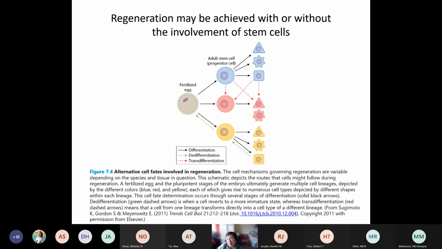That's also called transdifferentiation. So these are cells that hold parallel positions in terms of differentiation. Now one changed to the other. It's called transdifferentiation. Okay, so the transdifferentiation apparently is a kind of regeneration, right? To replace the damaged cell type, but it doesn't involve stem cells.